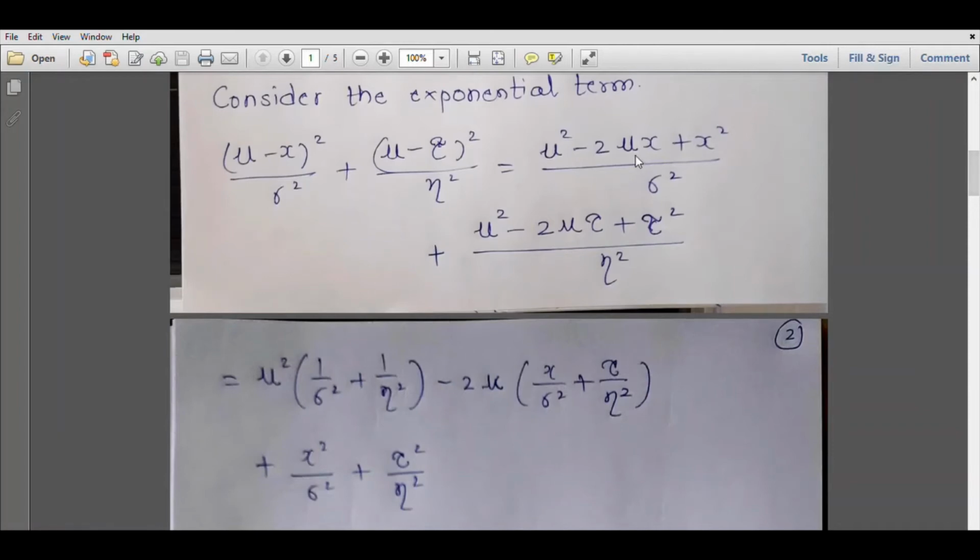Now similarly, collect the terms containing 2 mu together. So you will have minus 2 mu into this term x by sigma square plus this term, which is tau by eta square. And then lastly what remains is x square by sigma square plus tau square by eta square. So this is how we are going to get this simplified to this.